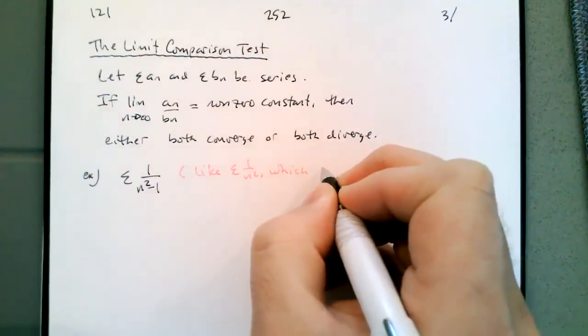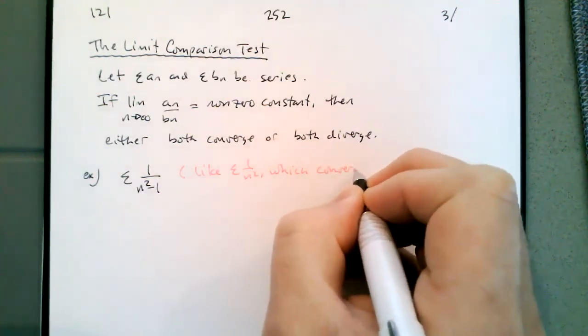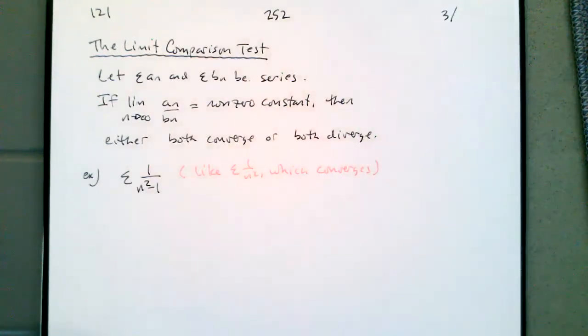This is taking place in our mind. So 1 over n squared is a convergent p series. It's easily recognizable as a convergent p series. So that won't require a lot of justification. So we'll make a comparison with 1 over n squared.